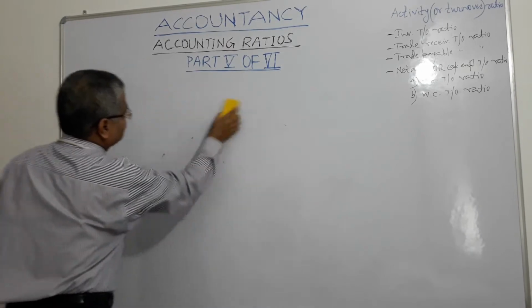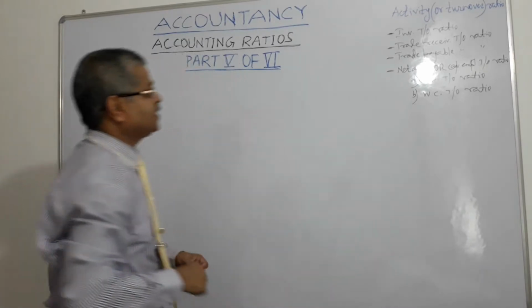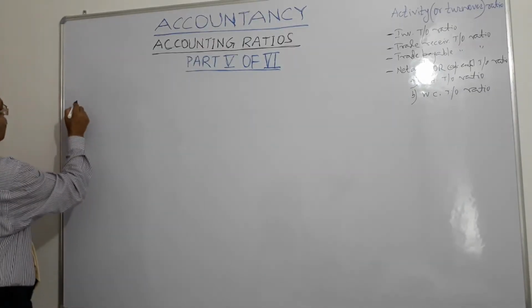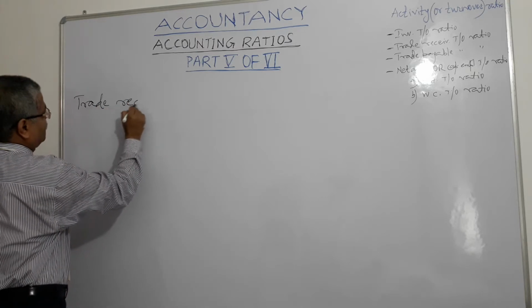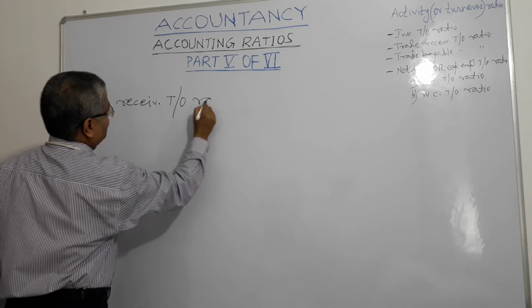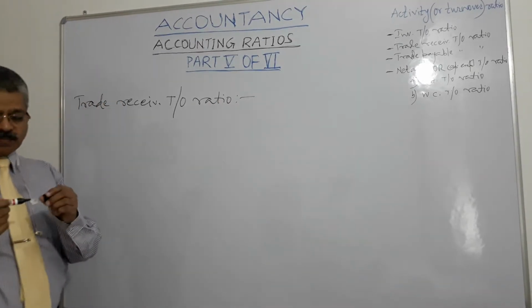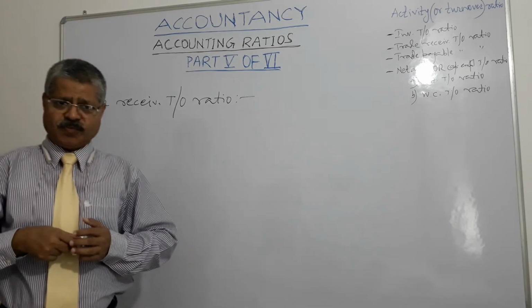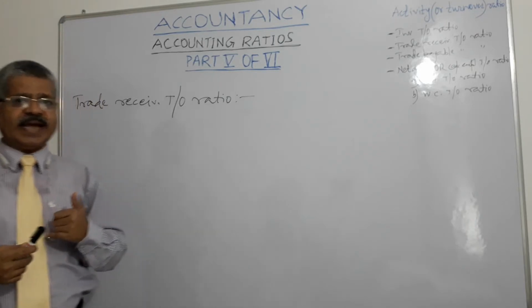Now we will discuss the second ratio, and that is trade receivables turnover ratio. Now what is this? Trade receivables, we know we have sold on credit and not got money as yet.